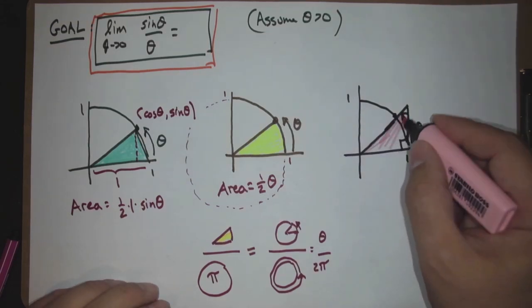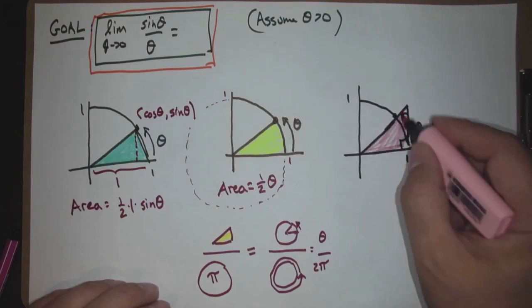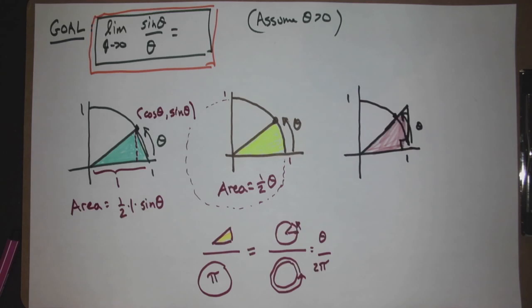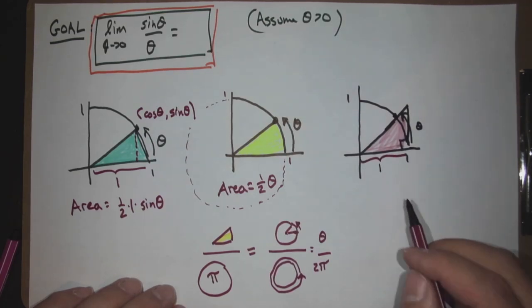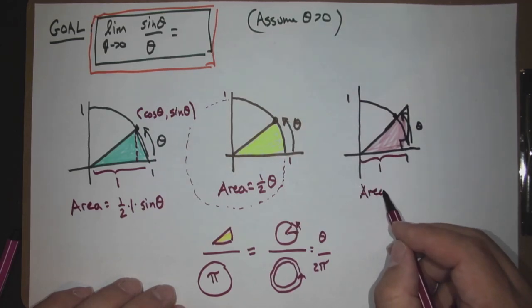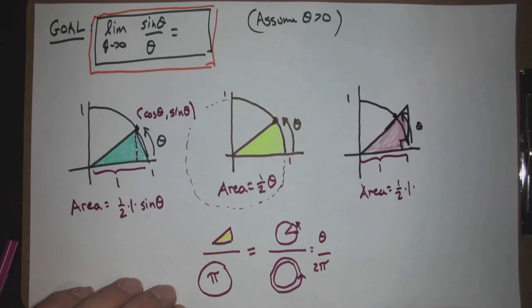The question is, how much area do I have there? Well, how do you find the area of a circle? Oh, sorry, area of a triangle. 1/2 base height. Okay, cool. So base is 1. So area is 1/2 base. How tall is that?